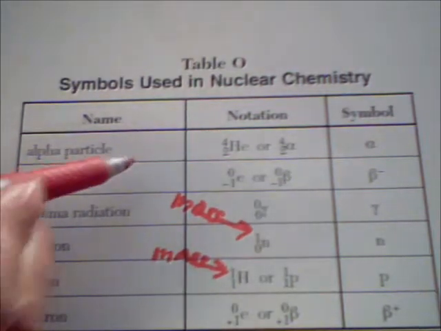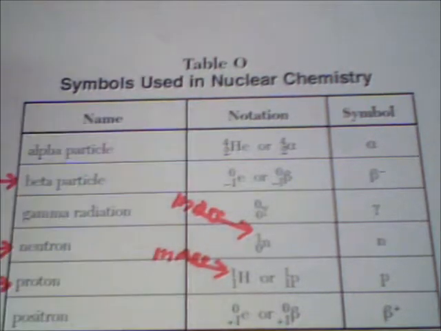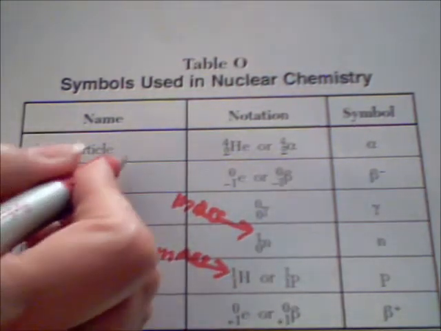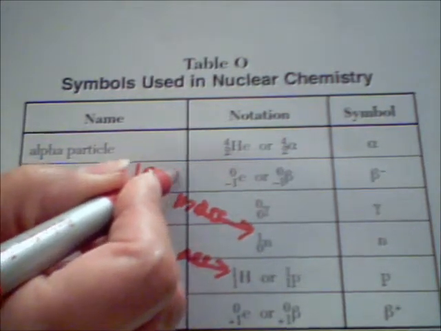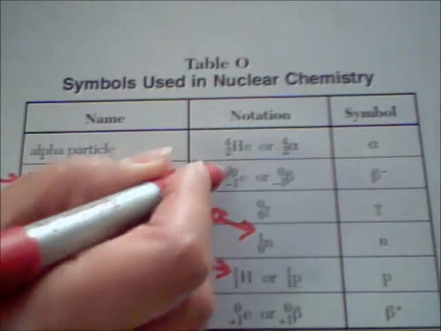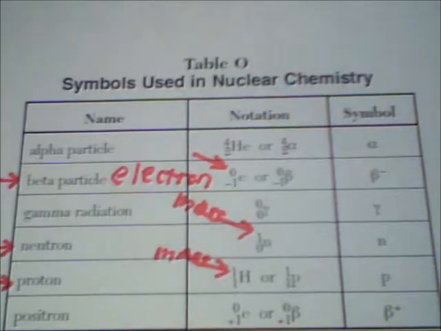And then notice the beta particle is also known as the electron. So this is also known as the electron. Notice its mass. It's virtually 0.